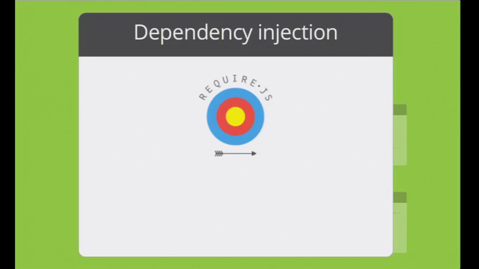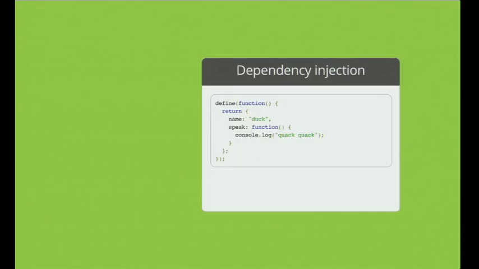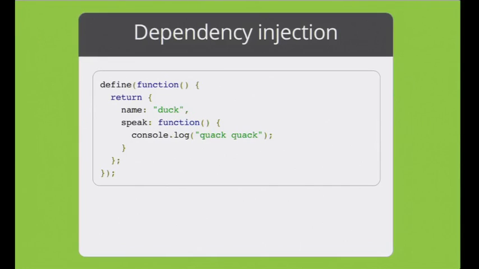So for those that aren't aware of what require.js is, require.js is an implementation of a specification called AMD, which basically specifies modules and how they can be loaded and asynchronously loaded. So a very brief introduction to Require.js. You can see here I'm defining a module.